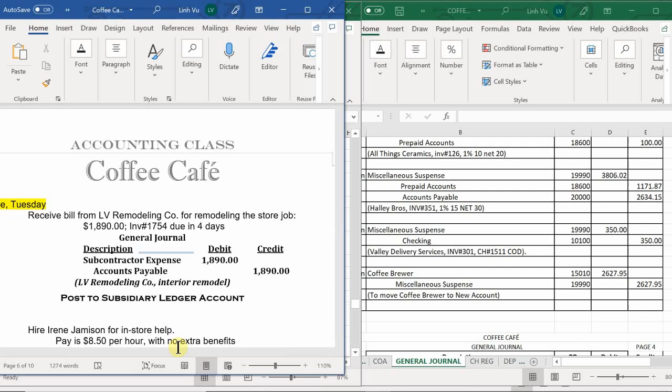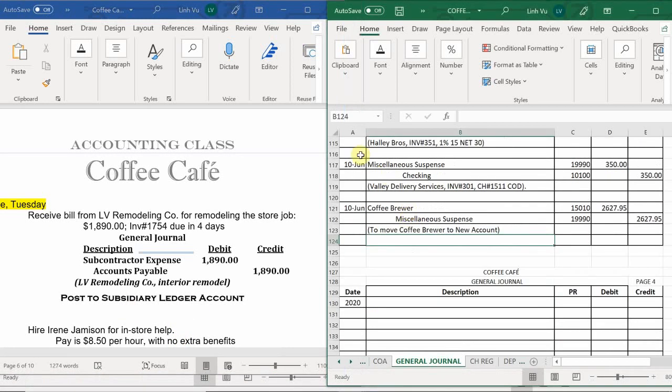So we have a subcontractor expense. We didn't pay them. We have to pay them later, so accounts payable.